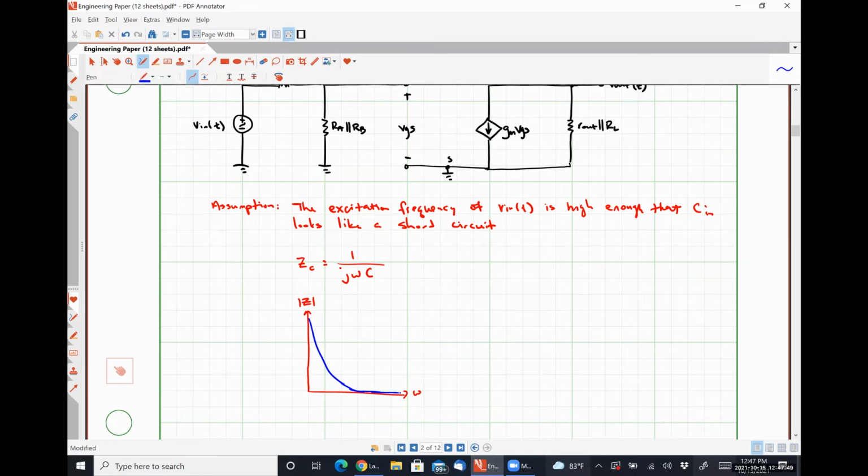So when our frequencies are very, very low, the impedance of the capacitor is extremely high. And when omega is 0, it's an open circuit. It's got an infinitely large impedance. As our frequency increases, the impedance decreases, and above a certain point, it's effectively 0 or a short circuit. So we are making the assumption that we're operating in that range.